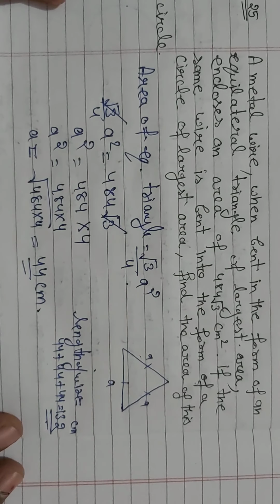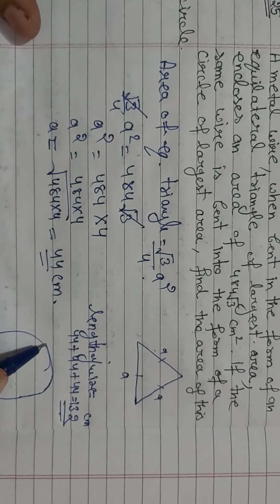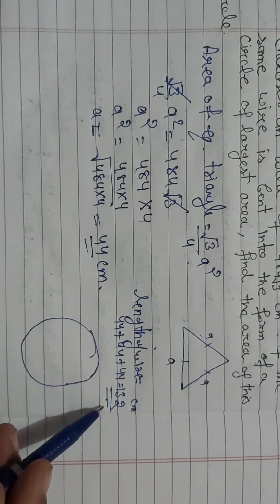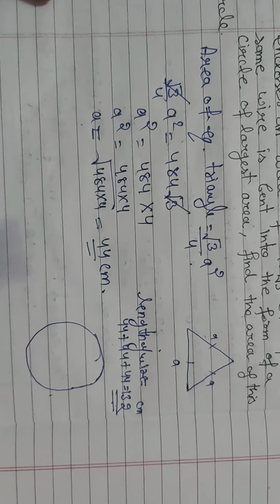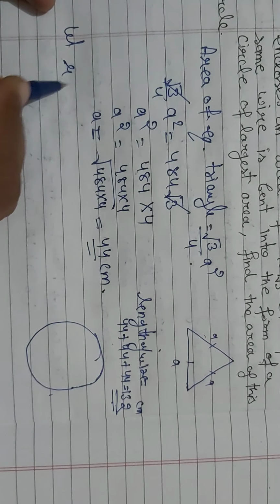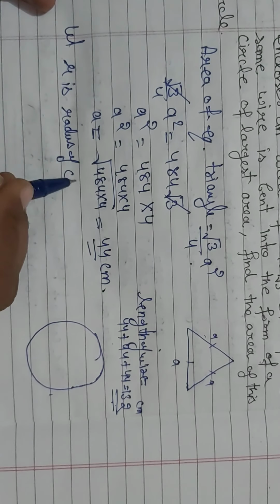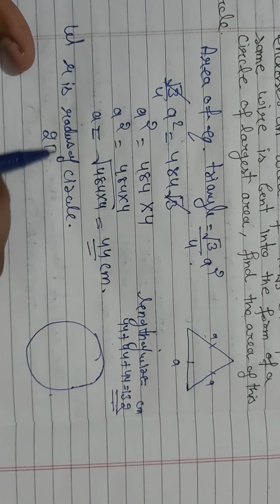और इसी लेंथ से अब हमने सर्कल बना दिया. इसका मतलब यह 132 है लेंथ ऑफ वायर, एंड दिस इज द सर्कमफ्रेंस ऑफ द सर्कल. So let r be the radius of the circle. Then circumference is 2 pi r.